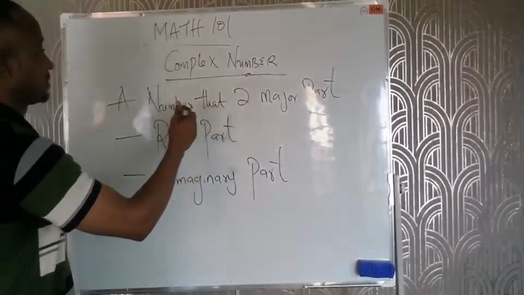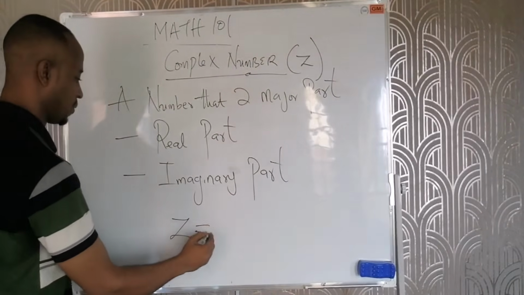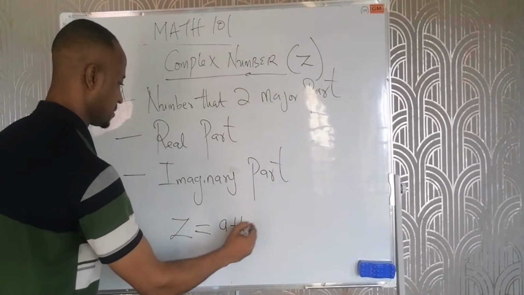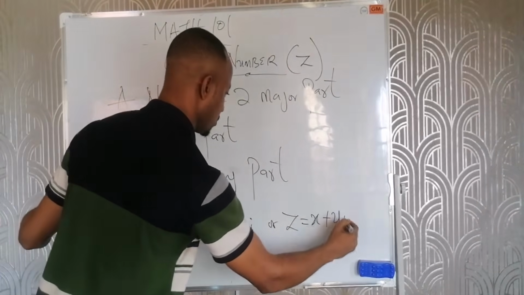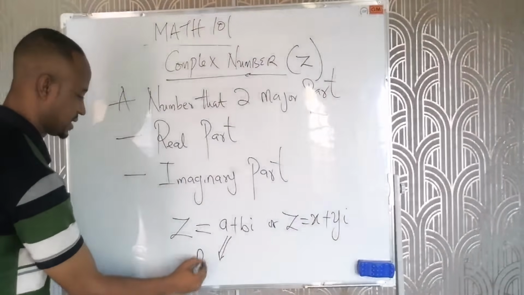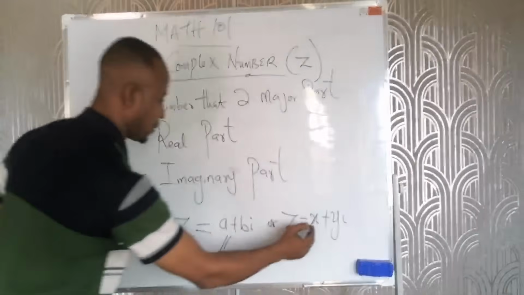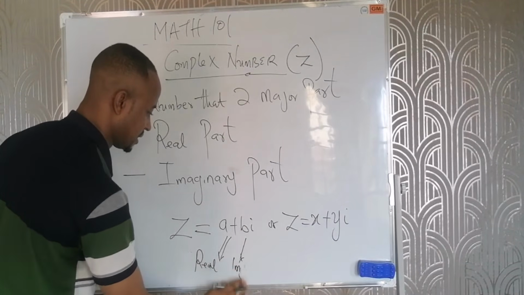The general expression for all complex numbers is given as z equals a plus bi, or z equals x plus yi. All right. Where the value of a represents the real part, while the value of b represents the imaginary part.